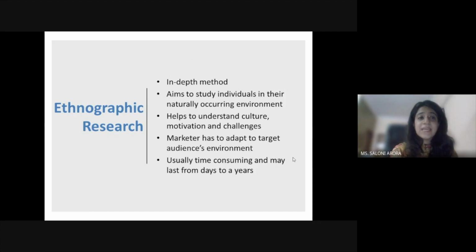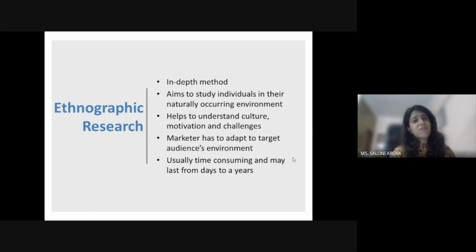Ideally, this concept dates way back, and at that point of time, the main focus of such research was to understand the deep culture in a particular society. So that's why we say that it's a time consuming process because it can last from a few days to a few years. Now, the aim of ethnographic research is to study the individual in their naturally occurring environment.